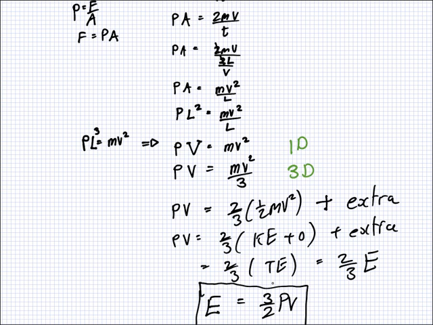Now, why is this result important? Well, is it easy or difficult to measure the energy of each particle and add them all up? Impossible. Impossible would be the best description. Measuring pressure and volume? Easy.